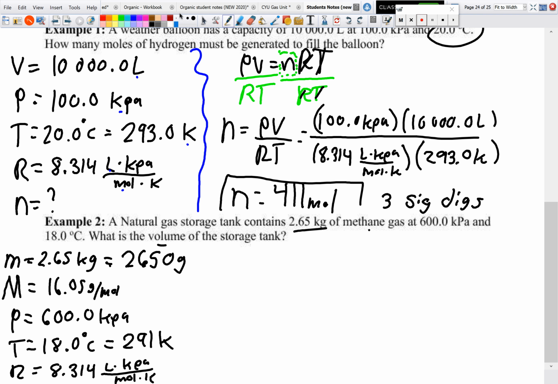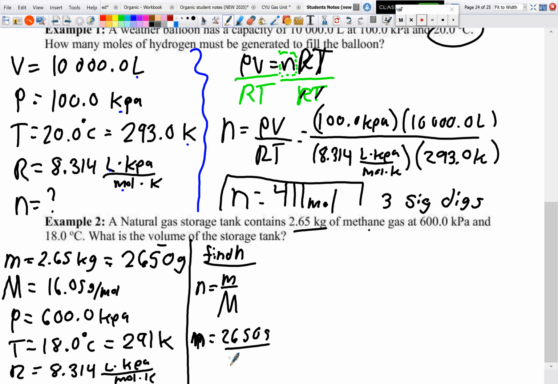So our first step, before we can use our equation, we need to find number of moles. Number of moles is just mass divided by molar mass. So we take our mass of 2,650 grams divided by the molar mass of 16.05 grams per mole.